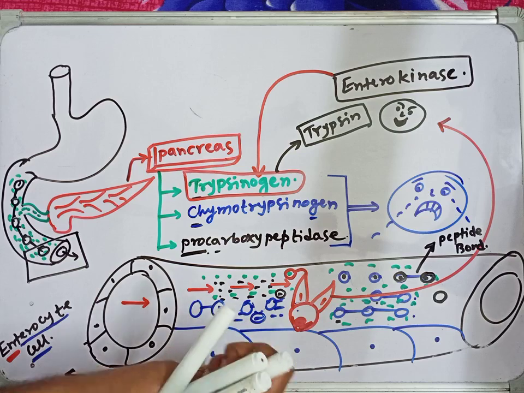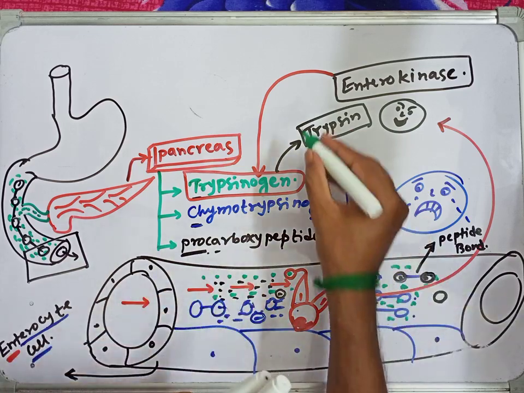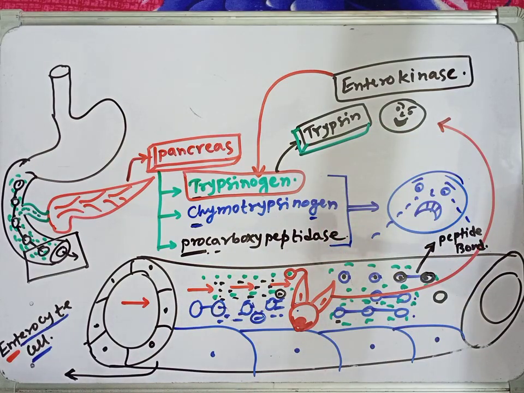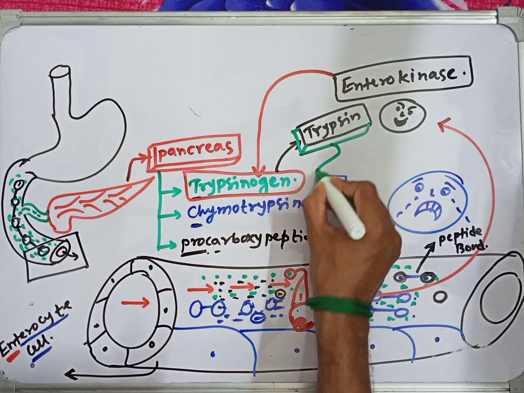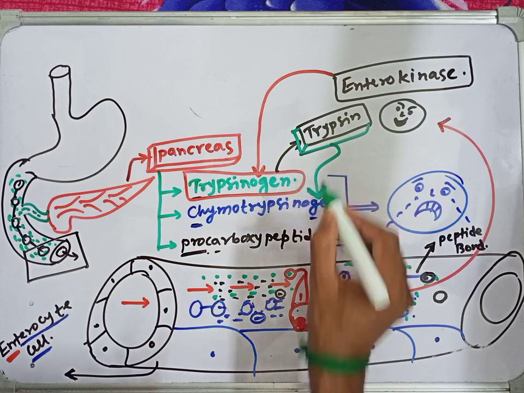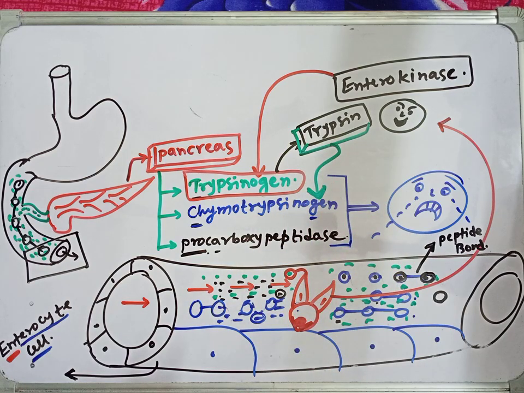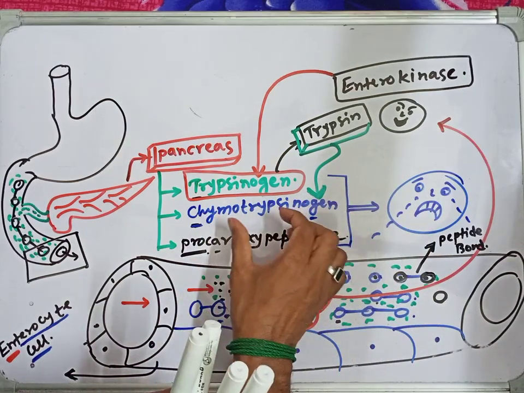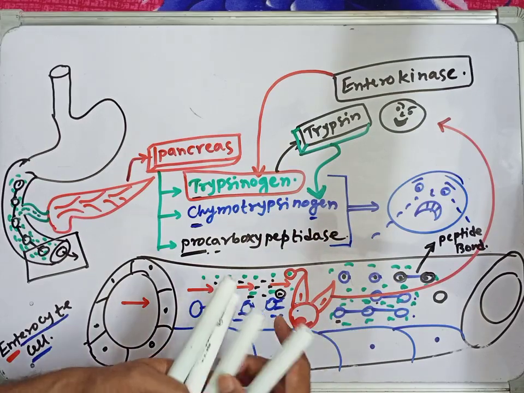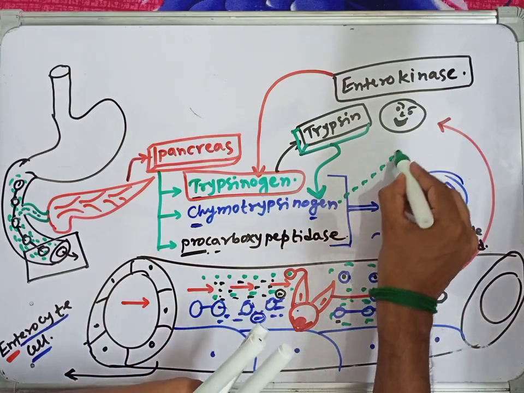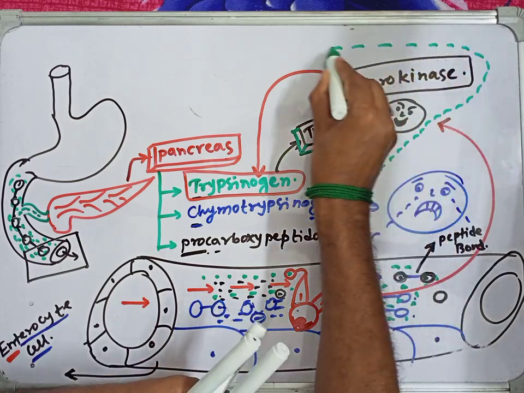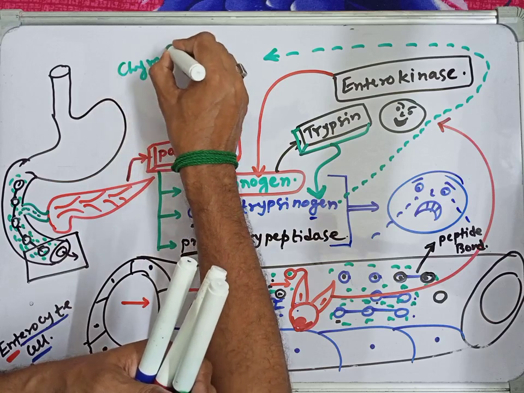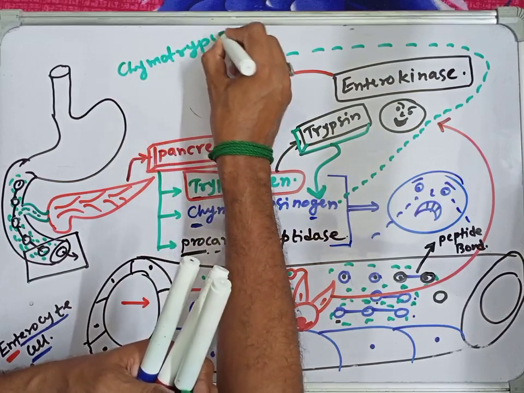And this trypsin has again a very big role in the activation of other enzymes. This trypsin eventually acts on chymotrypsinogen, and when trypsin acts on the surface of chymotrypsinogen, then chymotrypsinogen is converted into the active enzyme called chymotrypsin.